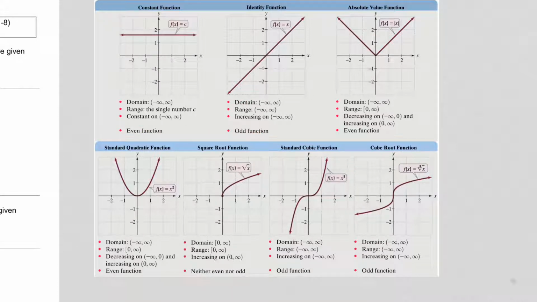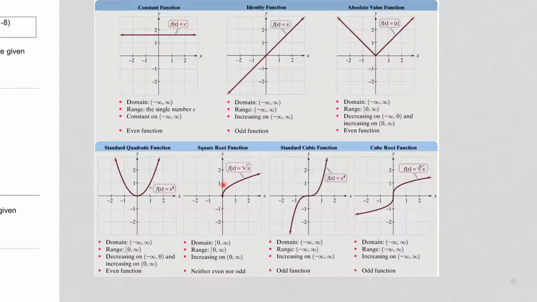One is even, one is odd. Then you have the absolute value function, in which all the negative values that were down here for our identity function turn positive. So that affects the range. Quadratic is an even function, symmetrical to the y-axis.